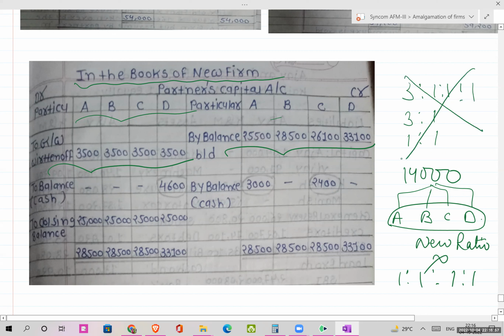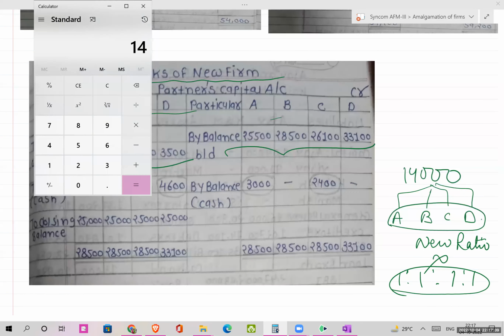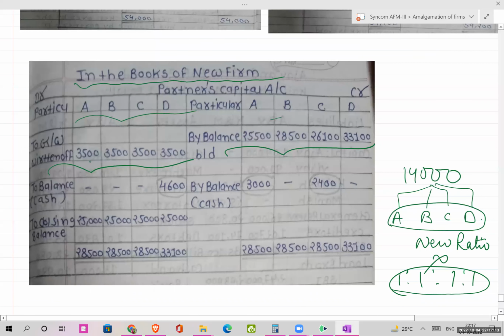This is wrong. In absence of information, if the new ratio is not given after amalgamation, then assume it to be equal. Okay, so 14,000 divided by 4 partners, so 3,500 each, like this. Okay, I hope this part is clear to everyone.